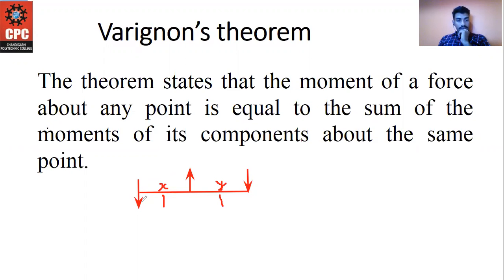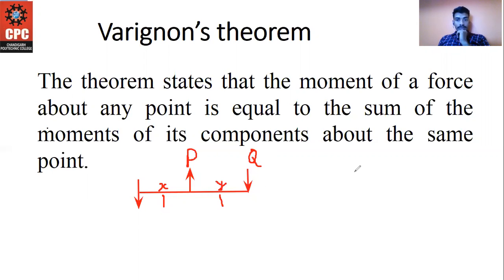Okay, the moment of the reaction at point A: if this force is P and this is Q, then P into this distance l1, plus Q into this distance l1 plus l2.